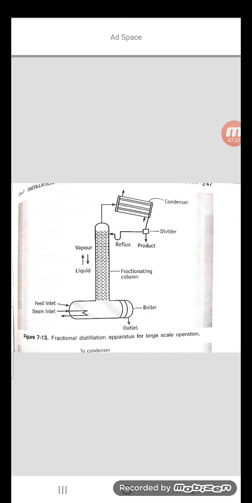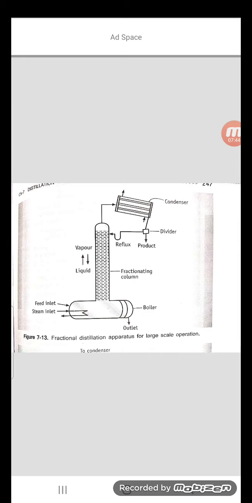That's the procedure. When a liquid mixture is distilled, partial condensation of the vapor is allowed to occur in the fractionating column. So first partial vaporization will be there, then it will move to the condenser. In the column, ascending vapor from the still is allowed to come in contact with the condensate returning to the still.